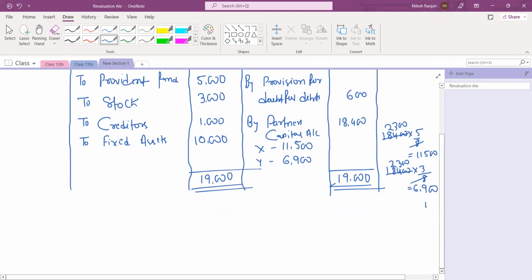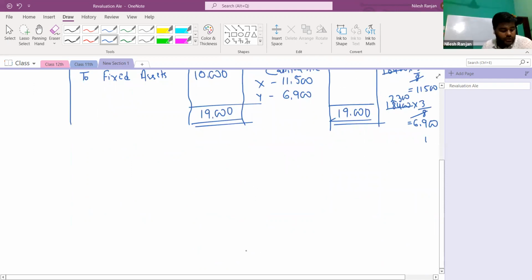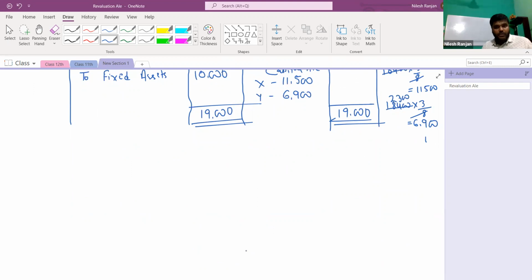Now, after distribution, we have to prepare the capital account. But first, before preparing the capital account, I need to clear the goodwill part and the workman compensation reserve part. Let's say we have to pass a journal entry also in this portion.